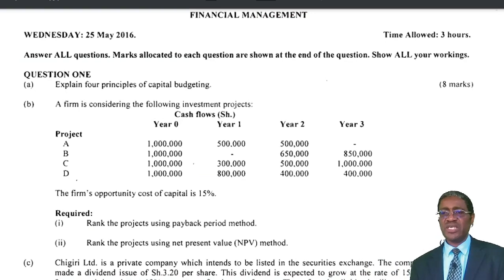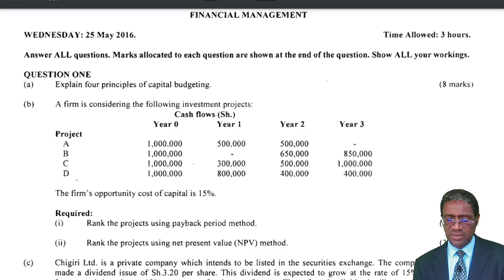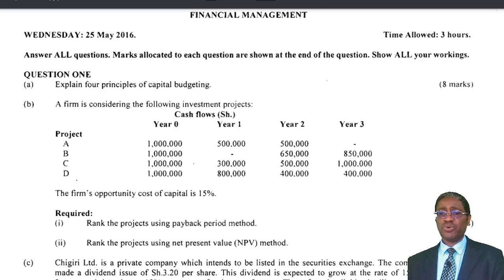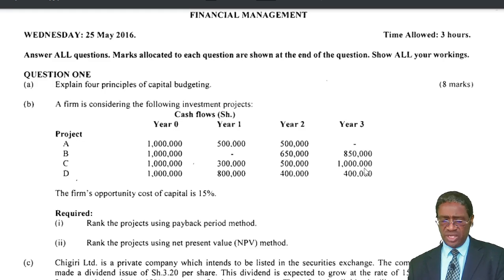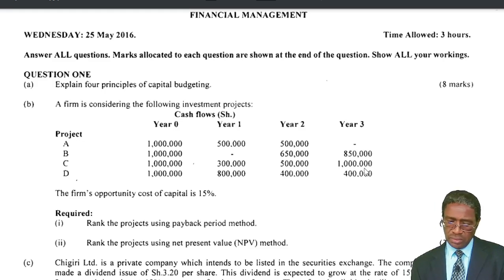Here, for project C, I can see we are recovering 300,000 in the first year, 500 in year 2, and another 1 million in year 3. Let's cumulate them.